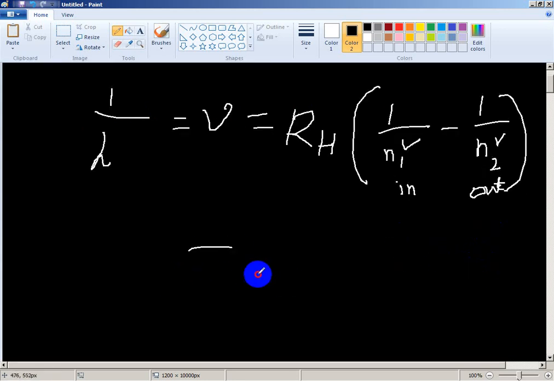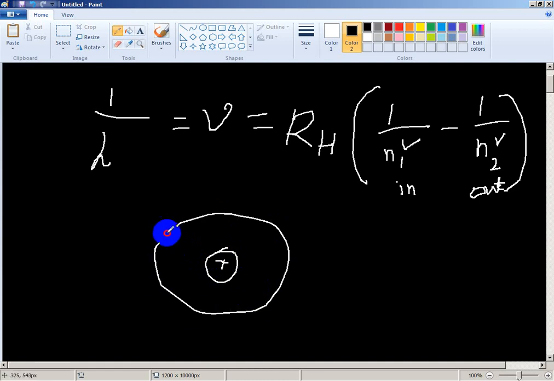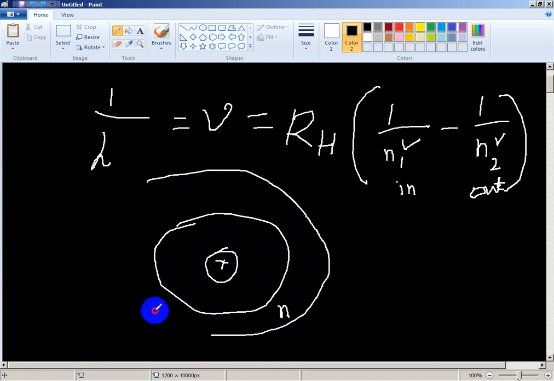So consider the electron orbits. This is N1, this energy level. Two electrons come here.